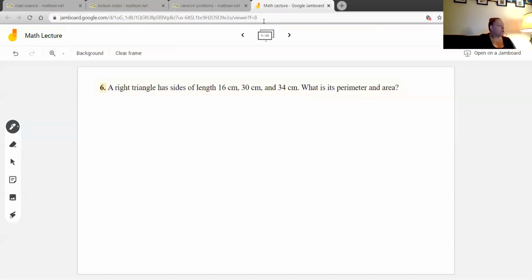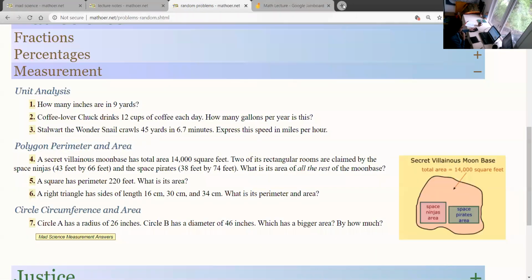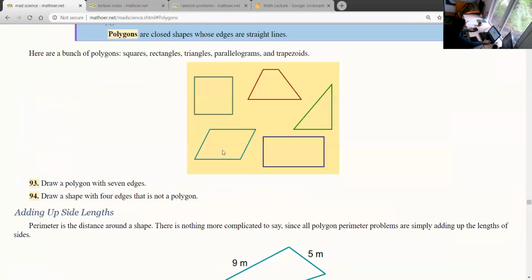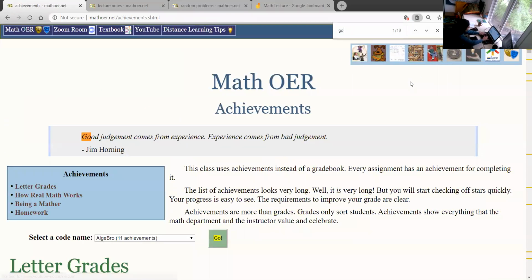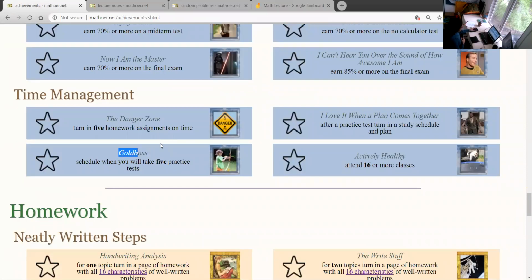You get extra points for doing both midterms? No, but it's good practice. You get extra points for scheduling when you take practice tests.